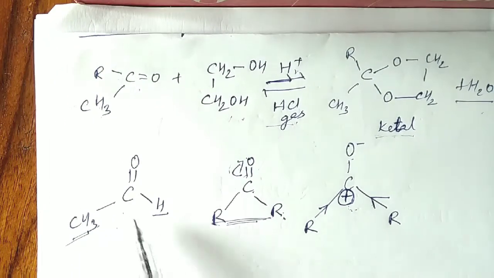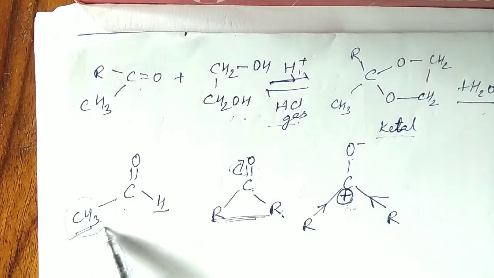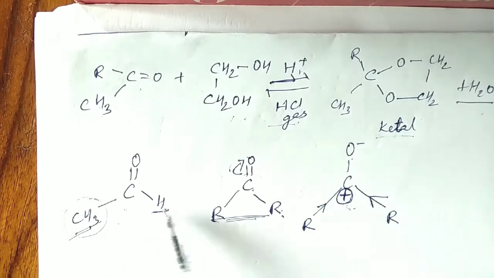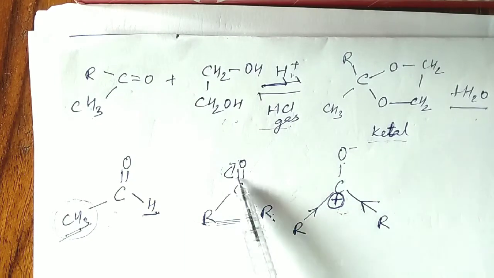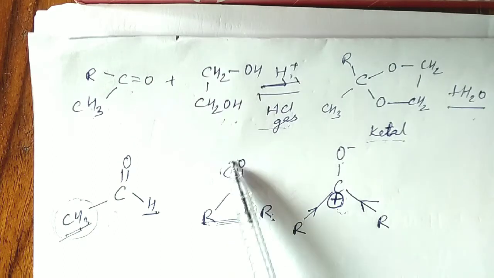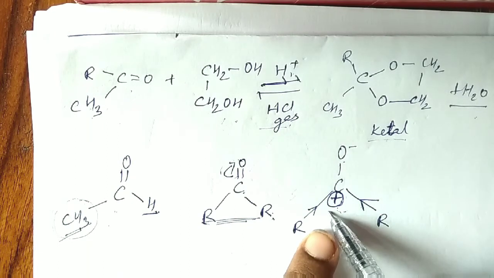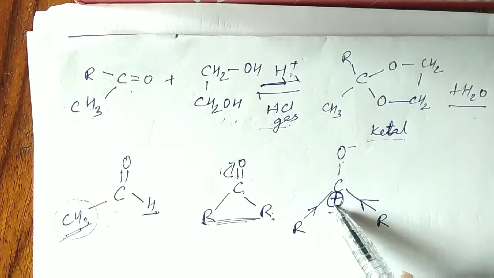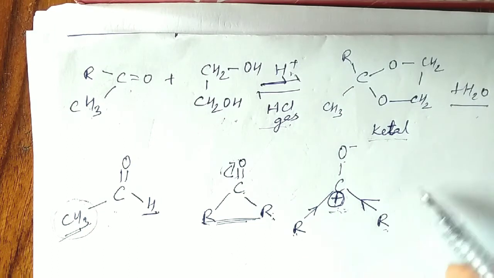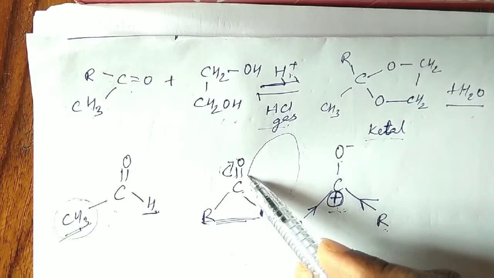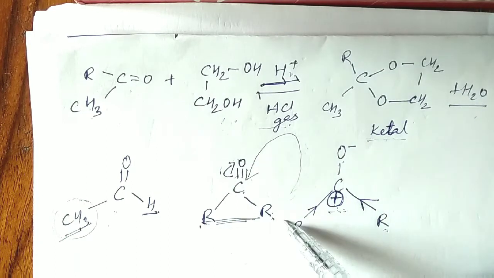So this is an aldehyde. You can see that on the aldehyde we have just one alkyl group on one side, and on the other side we have hydrogen. But in case of ketones we have two alkyl groups, and when the delocalization of the pi electron takes place onto oxygen, this is how the electrophile is generated here. You can see we have a plus charge on the carbon, and because of the presence of two bulky alkyl groups, the perpendicular nucleophilic attack takes place with difficulty because of steric reasons.